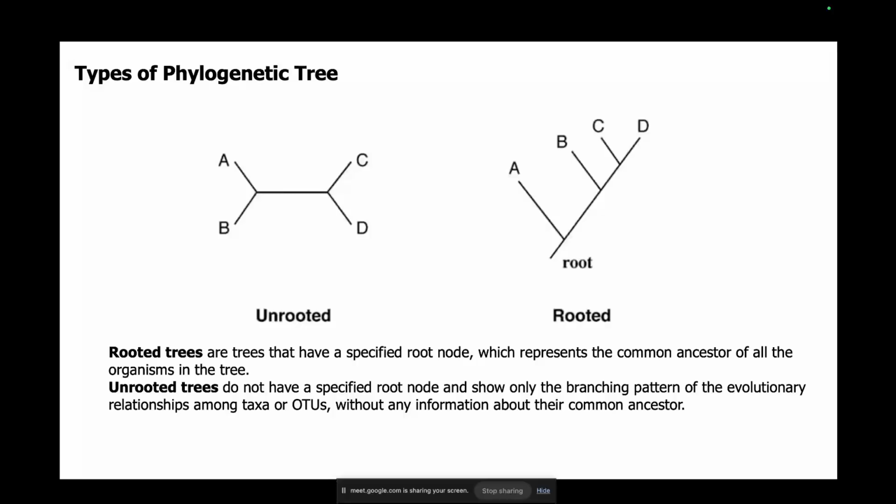Just to cover our bases, there are majorly two types of trees with respect to structure. It can be rooted, so there is a common ancestor there, and in some cases it is unrooted, which means there is no common ancestor between all these sets of individuals or proteins.